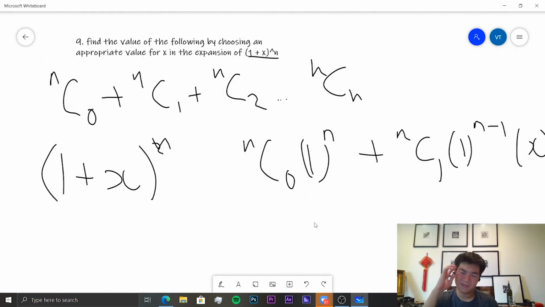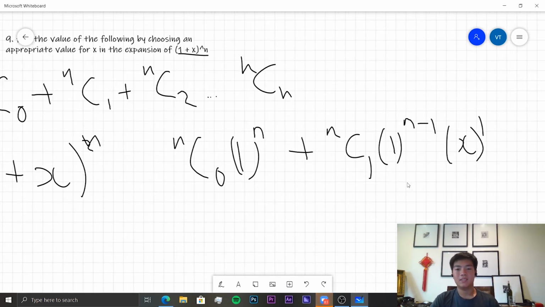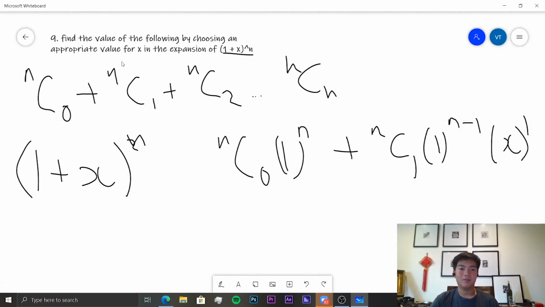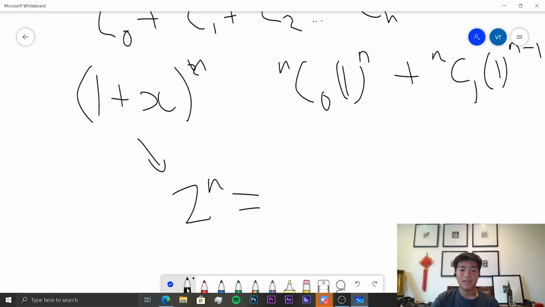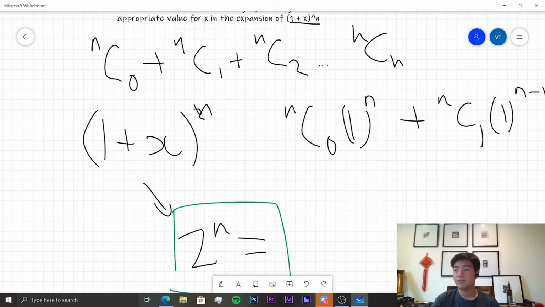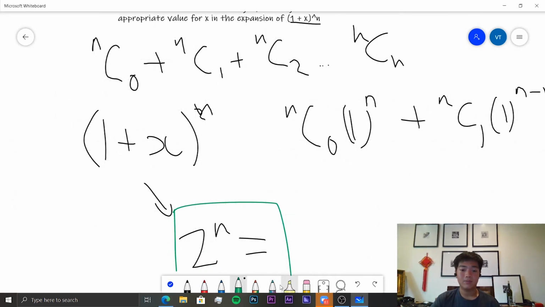And straight away, we need to see that x must be equal to 1 since the second term in the series is n choose 1. So if x is equal to 1, this entire thing is just equal to 2 to the power of n. And that's the answer. Actually, maybe I'll do the earlier one because this one was quite easy. Is that the answer? Yeah, that's the answer. So that was pretty simple.